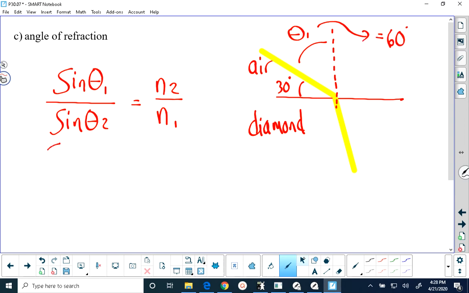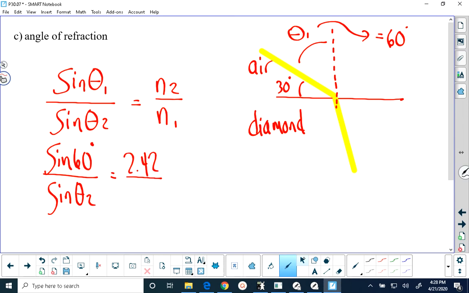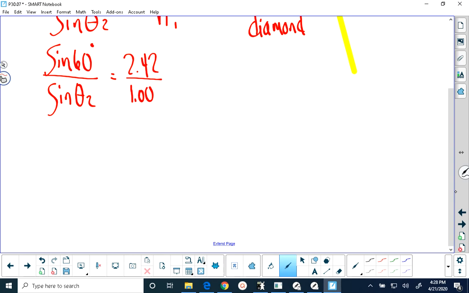So we are going to have sine of 60 degrees over sine of the angle of refraction equals n2 over n1. Let's cross multiply first and get 1 times sine of 60, which is sine of 60, equals 2.42 sine of theta 2. So what are we going to have to do to get theta 2? I guess we're going to have to divide by 2.42 and then take the inverse sine.